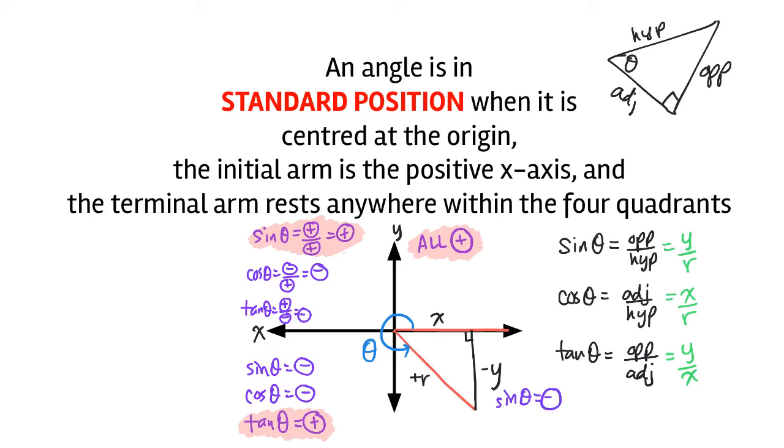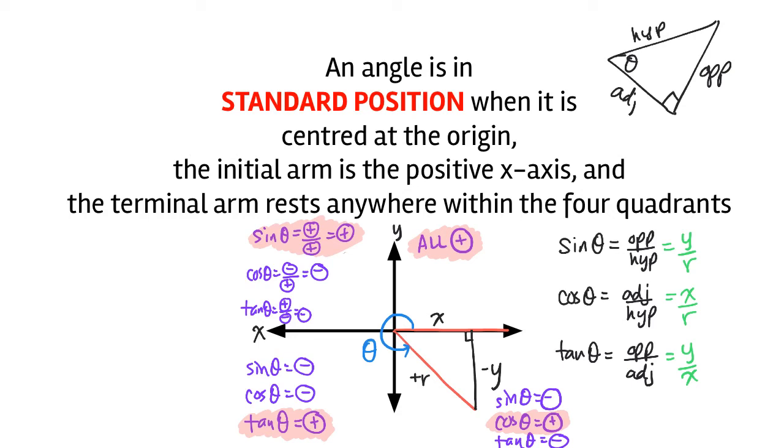And we know that cos is going to be positive though, because cos has a positive x and a positive r, so we're left with a positive value for cos. And then we know that tan is negative because tan is that negative y over the positive x, which is overall a negative value for tan. So in this quadrant, the special ratio is cos because it's positive.